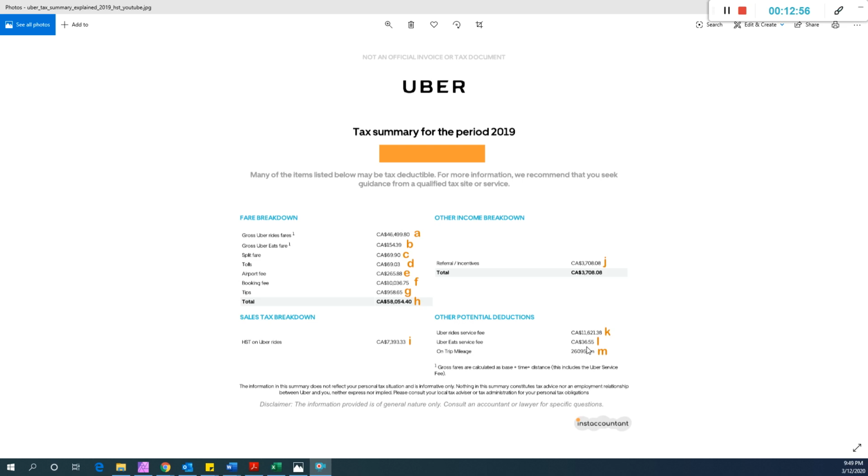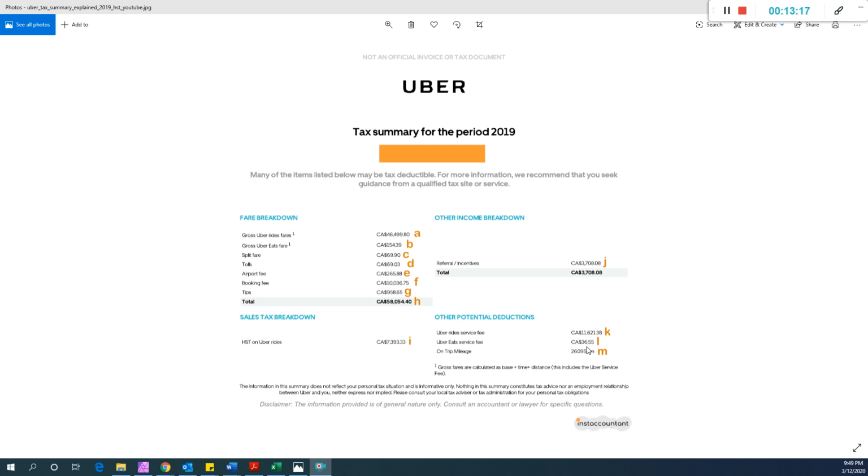Like the number of kilometers that you drove from point A to point B. It does not include the kilometers that you drove to pick that passenger up, or that you cruised around downtown, or when you came from Brampton to Toronto, whatever.